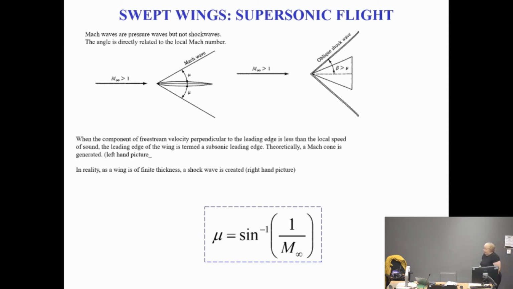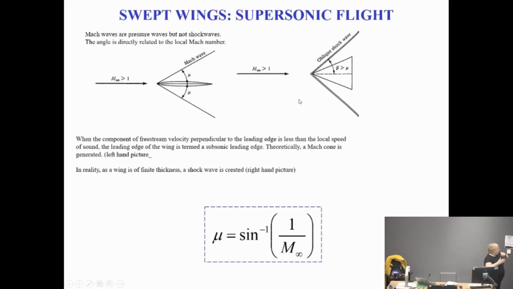It may well be that the flow crossing over the wing, perpendicular to the sweep, is not a supersonic part. And if that's the case, you get a Mach wave. Okay, a Mach cone, as distinct from the shock wave.